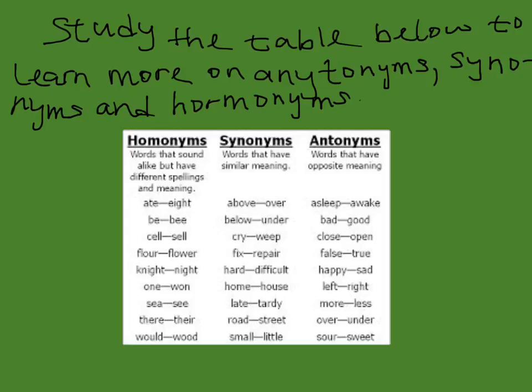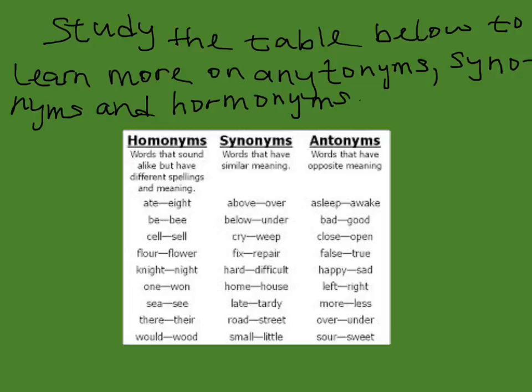So you either say above or over the moon, or you say below or under the table, or you say cry or weep, or you say fix or repair the shoes, or you say hard or difficult question, or you say home or in my house, or you say late or tardy, or you say road or street, small or little.